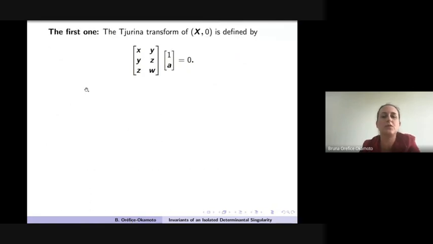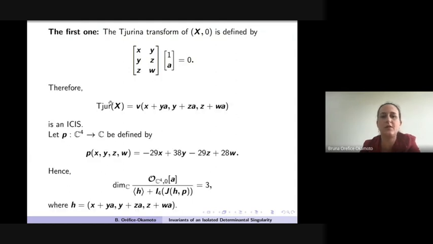So in the first one, the Teissier transform is defined this way. This has to be in the kernel of this. So the Teissier transform is the variety of this product here: x + y + za, and z + wa.